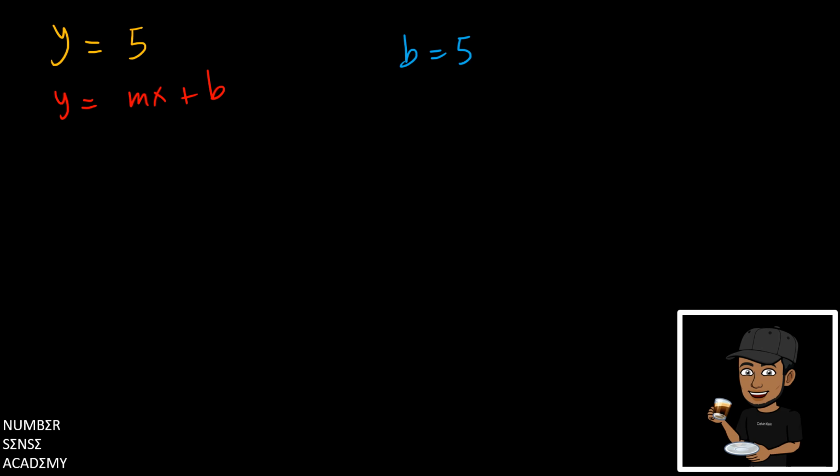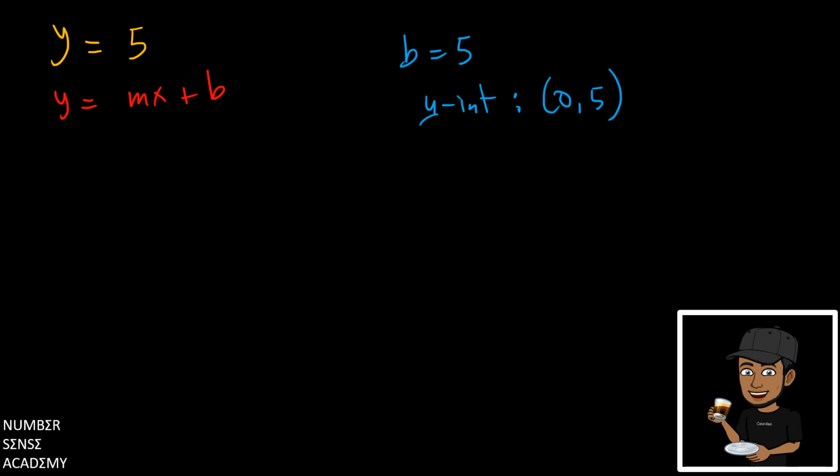The number that has the x behind it, that's where I get the slope from. If there's no x, there's no slope. So there's no slope in this equation. So this b is 5, so my y-intercept is 0, 5.